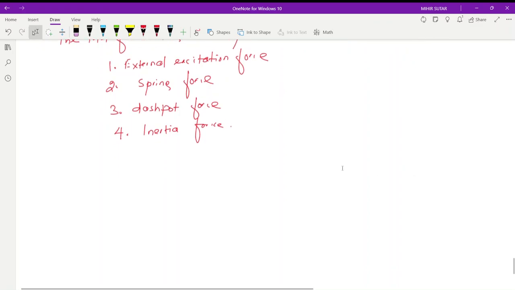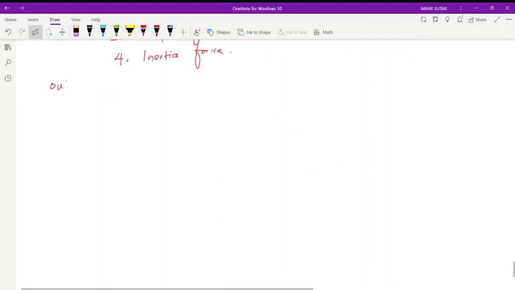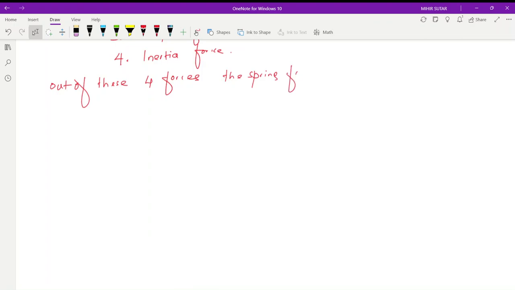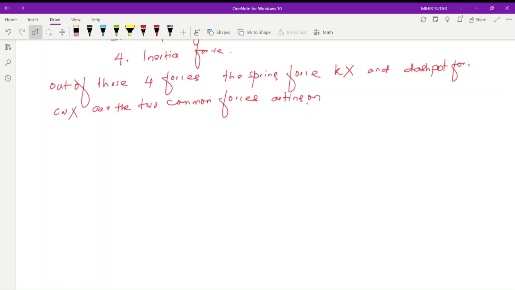Out of these four forces, the spring force kx and dashpot force c omega x are the two common forces acting on the mass and on the foundation.